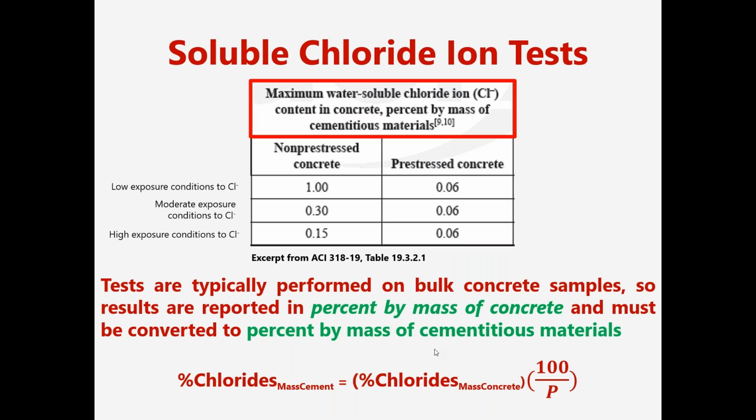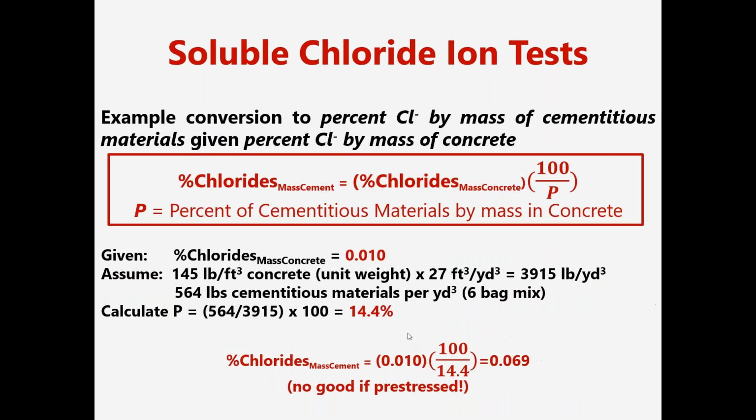The conversion is pretty easy. If you're provided percent chlorides by mass of concrete, which is again typically the value that a testing lab will provide, you just multiply it by 100 divided by P, where P is your percent of cement in concrete. And again, if you don't know what your cement content is, you can make some reasonable assumptions, which I've listed out here.